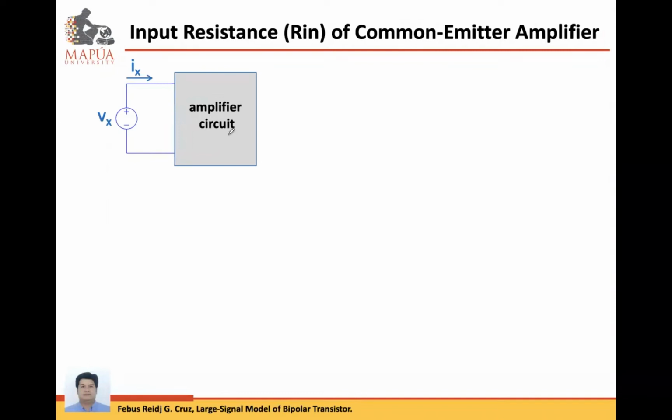So maglagay ka ng known voltage source and measure the resulting Ix. So based on the Vx and Ix, we can calculate the input resistance. So Rin would be Vx divided by Ix. And there is a condition. When measuring the input resistance, make sure that the output terminals are open circuit. So wag ka maglagay ng load.